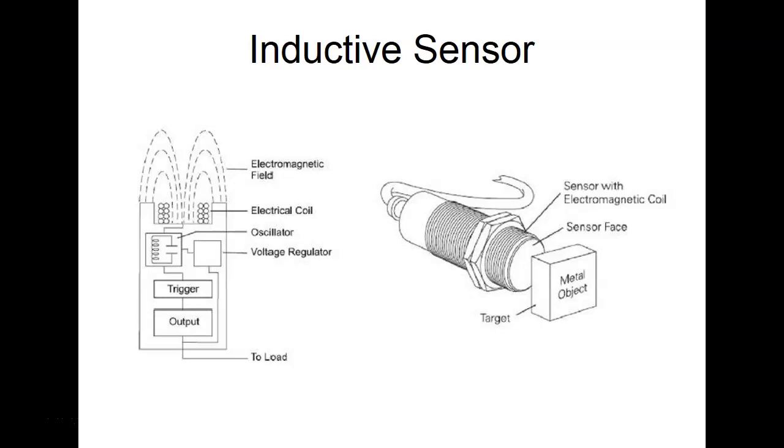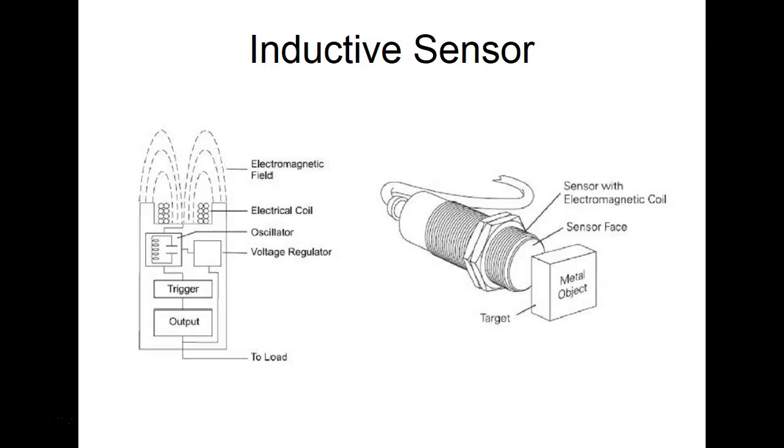So this is the basic makeup of an inductive sensor. This, of course, is a shielded sensor. It's got an oscillator in it that actually oscillates. An oscillator is an electronic circuit that takes DC and converts it into AC. Then when we bring something into that field, it changes the L. It doesn't change the frequency, it changes the L, which causes it to either drop more voltage or less voltage.